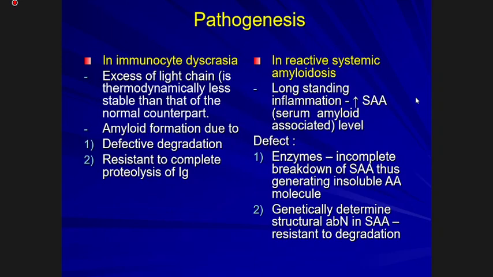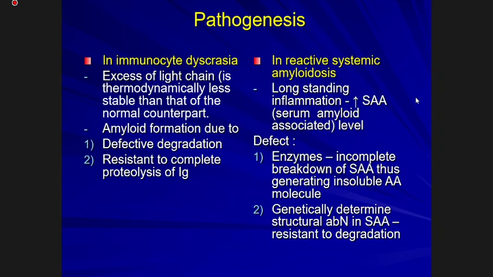So with the increase in SAA protein, either the AA protein undergoes incomplete breakdown because of a defective enzyme, or some of the high amount of AA protein is genetically abnormal in structure.